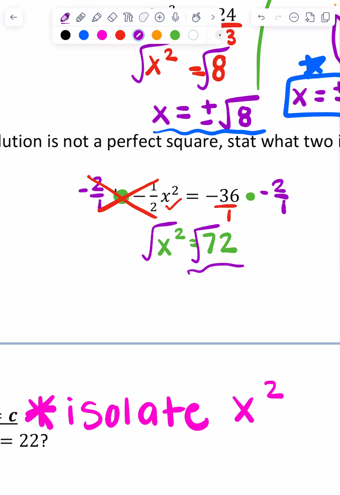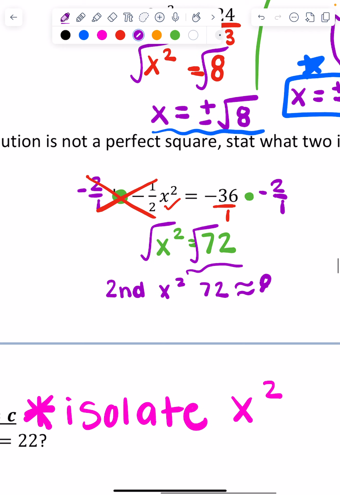So when I type that in my calculator, there's a few buttons we have to click. We have to do second x squared, and then you'll see the square root symbol pop up. Second x squared, then type in 72, and here is what we get in our calculator. We should be getting approximately 8.485, and that's going to continue to go on for a very long time. So what two whole numbers is this number in between?